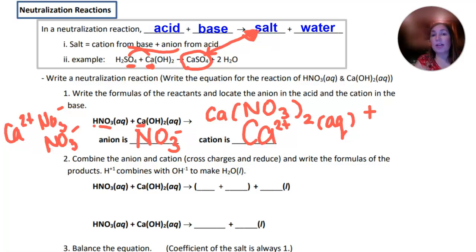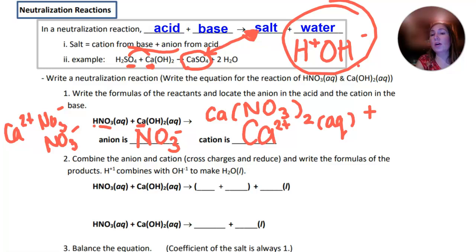We want to be able to recognize water as HOH. When you have H plus and OH minus, that actually is water because that's 2 H's and an O. So when H gets together with OH, that makes water.